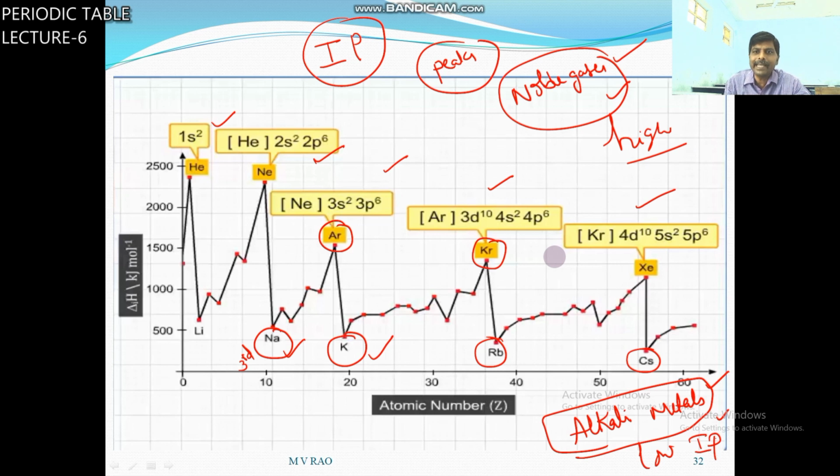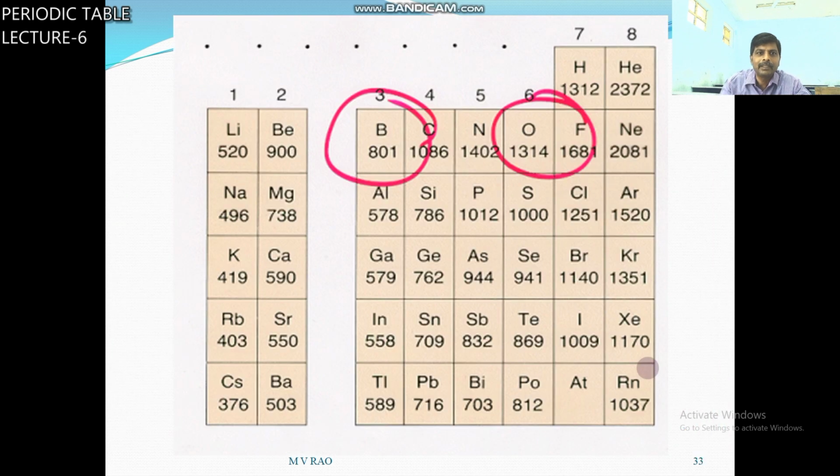Which element has the highest IP value in the entire periodic table? Helium. Least IP value is cesium. So you can see the IP values here. The highest IP value is helium, and the least among all is cesium.